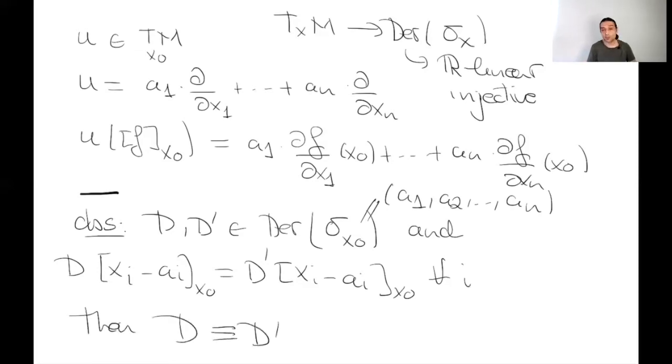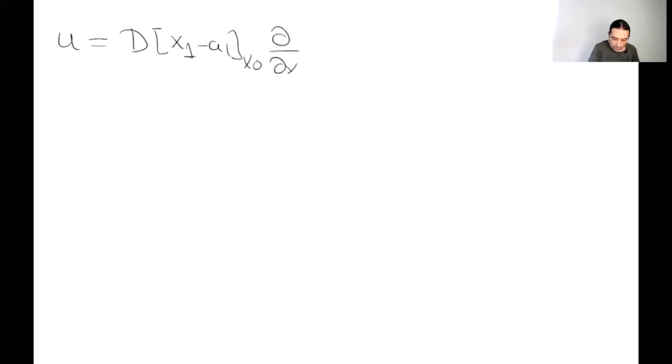So we just need to know what the value is for xi minus ai. Okay, but we can consider u as the following vector field: the derivation applied to x1 minus a1 at x0 times the partial with respect to x1, and so on.